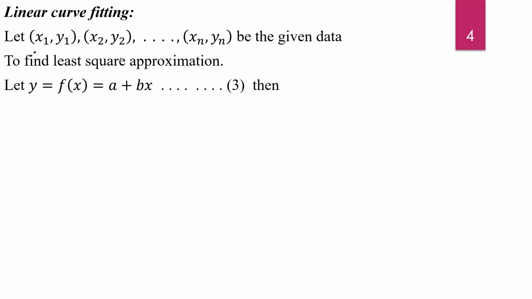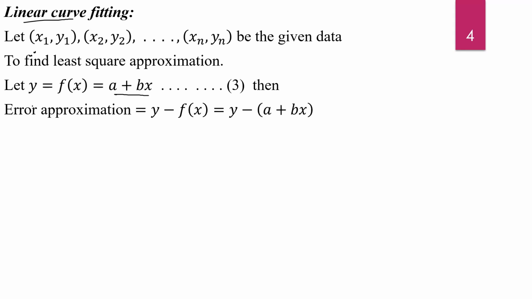Let y is equal to f of x. This is the linear curve fitting, so y is equal to a plus bx. Now here the difference of y and a plus bx, that is f of x, is the error. That is, error is equal to y minus f of x.